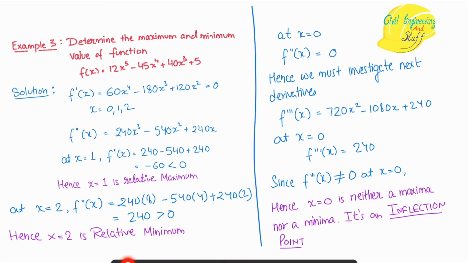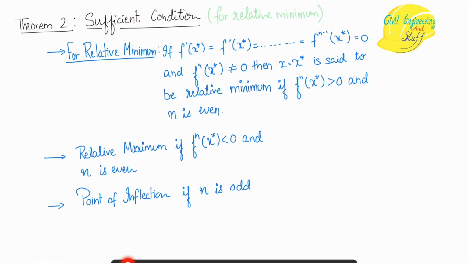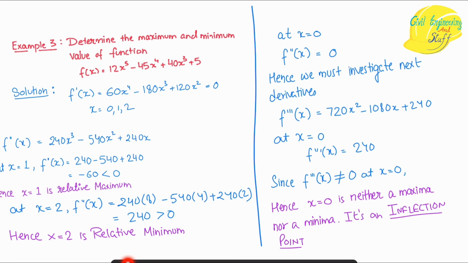Our third derivative is a non-zero value, but n is odd. Using the sufficient condition, when n is odd and the derivative is a non-zero number, it is a point of inflection. So it is a point of inflection.